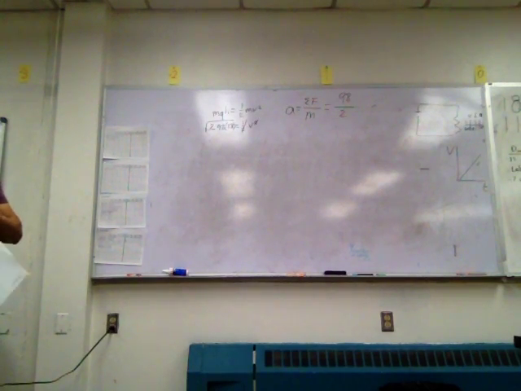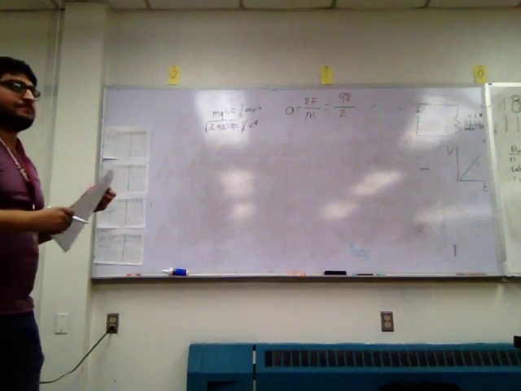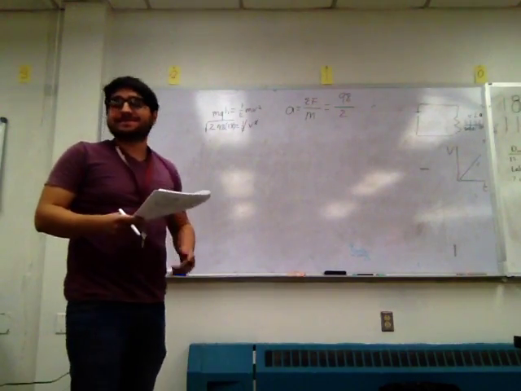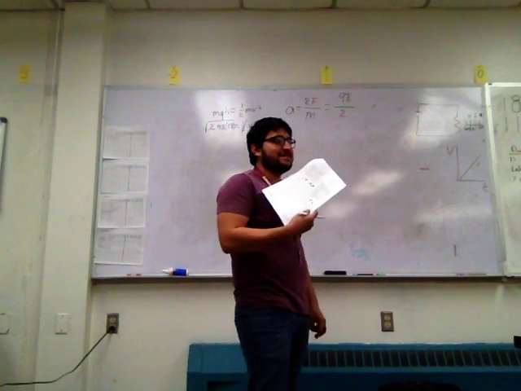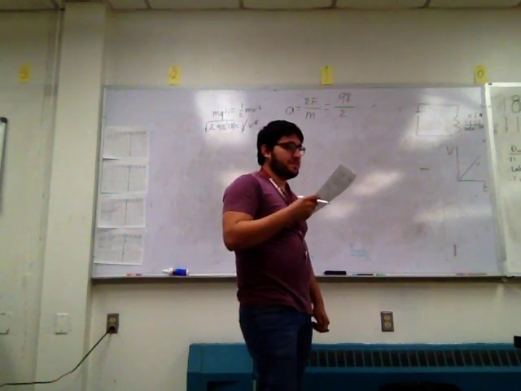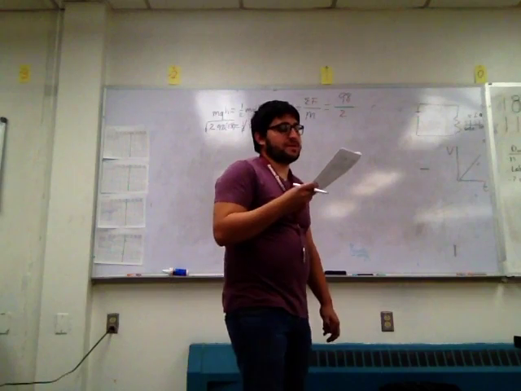What do you guys get? D. D, and did everyone get D at least? So D is 1. mg is equal to the gravitational force.